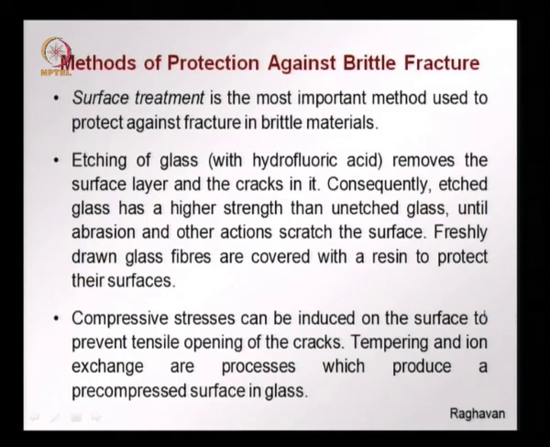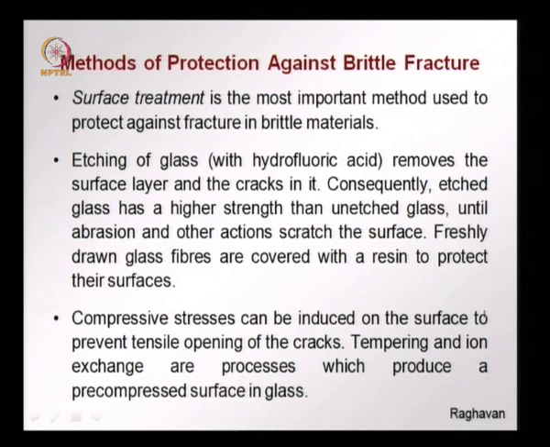Finally, a comment on how to protect against such brittle fracture occurring. The most important methodology is to treat the surface. If the surface is free from defects and defects do not occur during service, then the brittle material is better protected. There are two ways surface treatment has been done in materials such as glass.